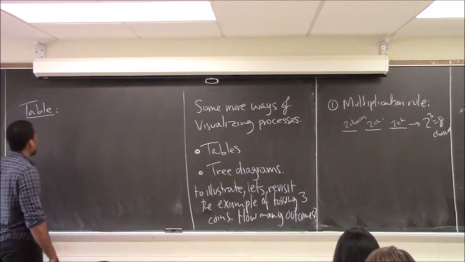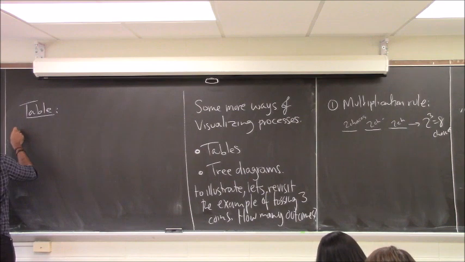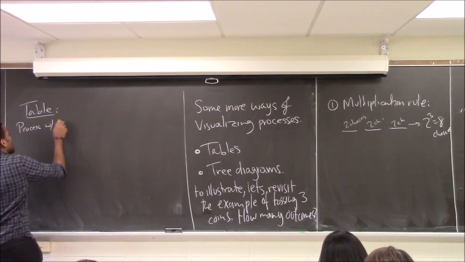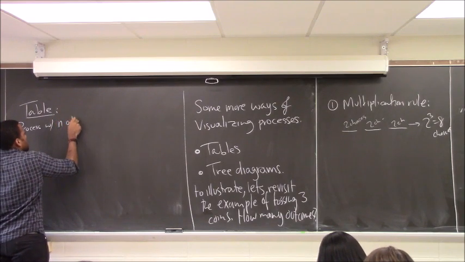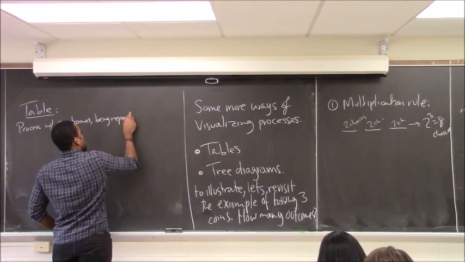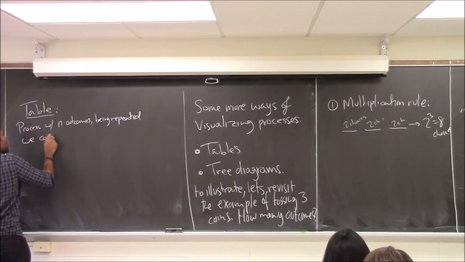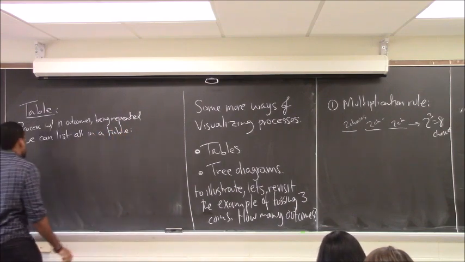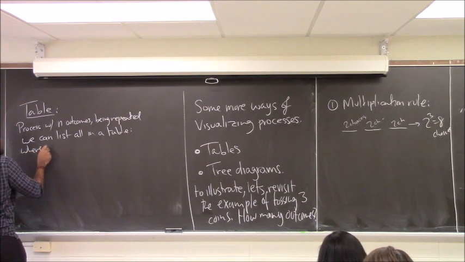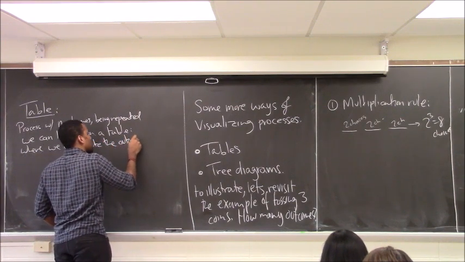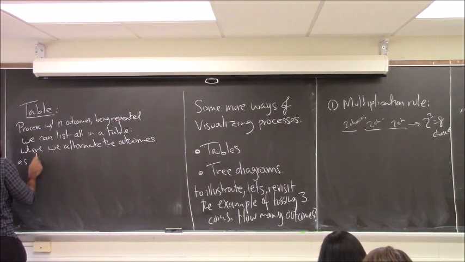So the basic idea is, with a process with n outcomes being repeated, we can list all in a table where we alternate the outcomes as described.